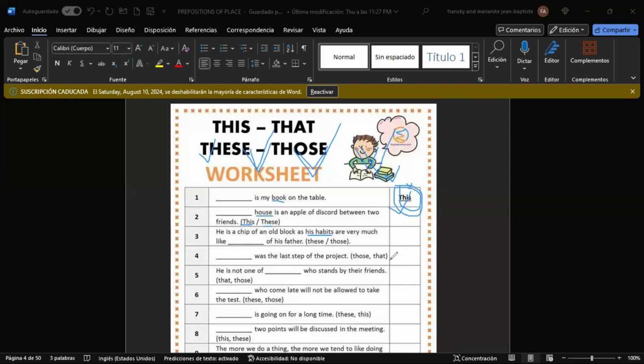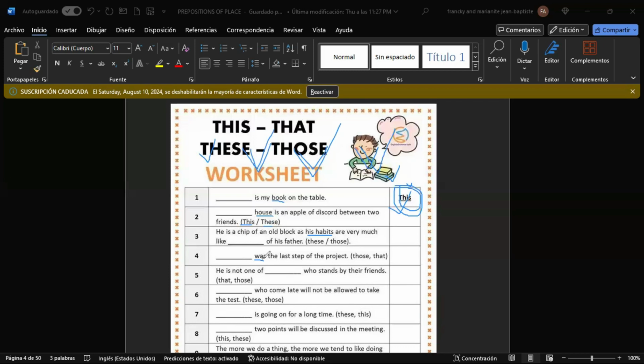De quoi a-t-il parlé? N'oublie pas de regarder le verbe: c'est "was", le verbe to be au passé.